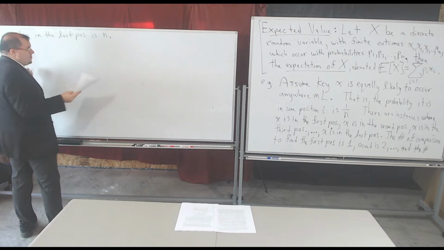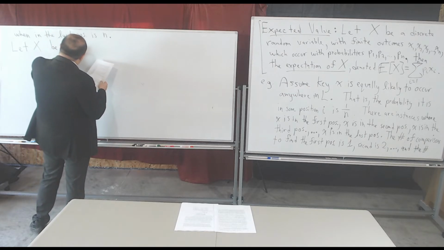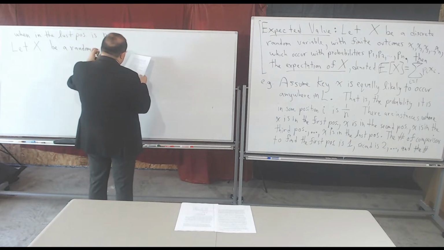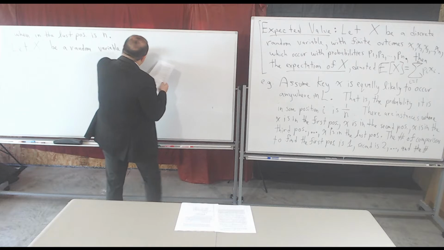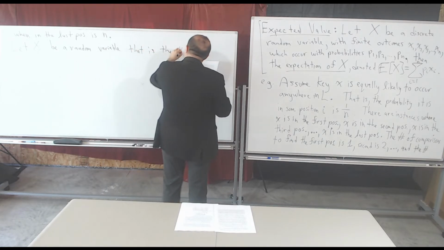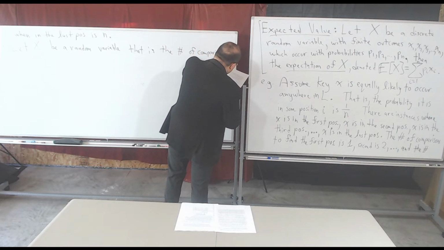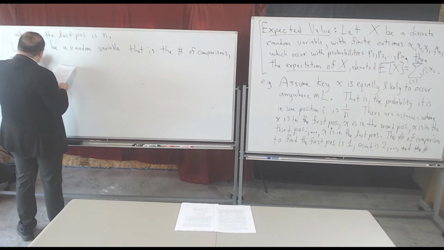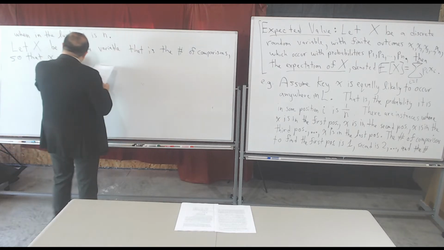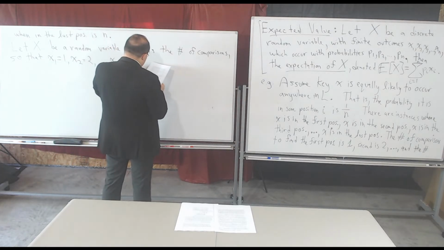Just because I brought up expected value, I'm going to show you how you can use it. Let X be a random variable that is the number of comparisons, so that x sub 1 is equal to 1, x sub 2 is equal to 2, and so on until we get to x sub n is equal to n.